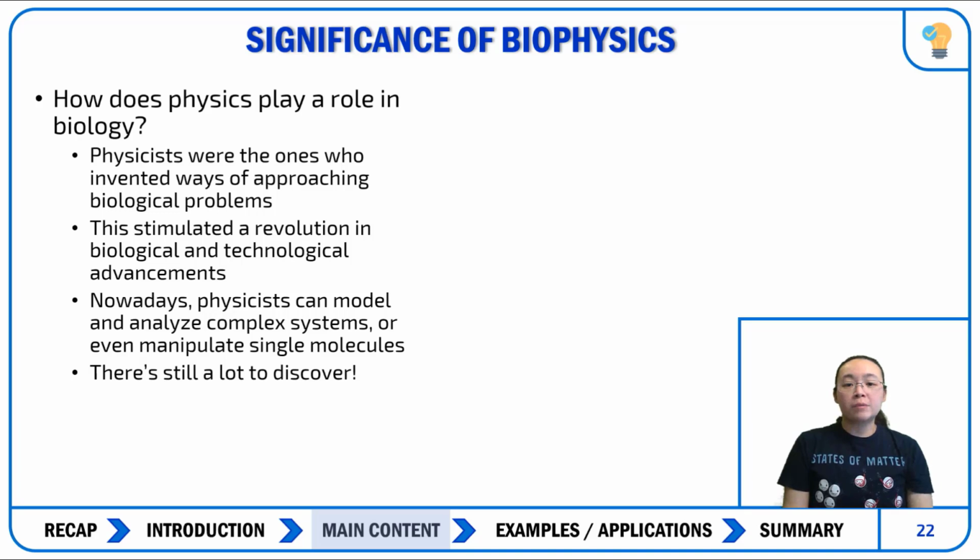So one of the first steps of building a model is determining which features of the problem are of central importance. Basically, what variables and or parameters do I have to look at, and how are they related to one another? So physicists were actually some of the first ones who invented ways of approaching biological problems that could not be simply solved with a microscope or visual observations.